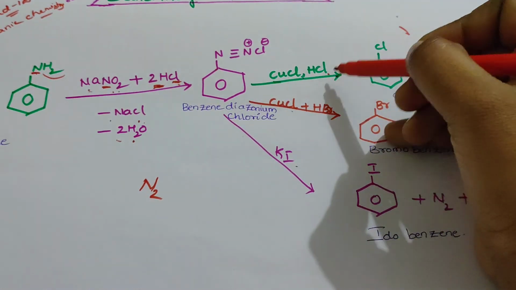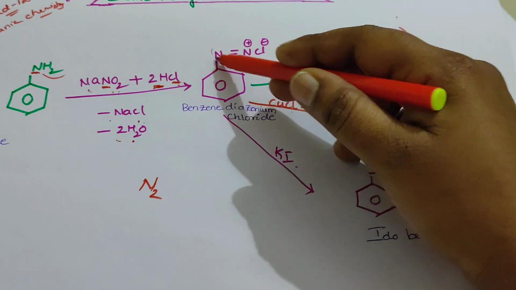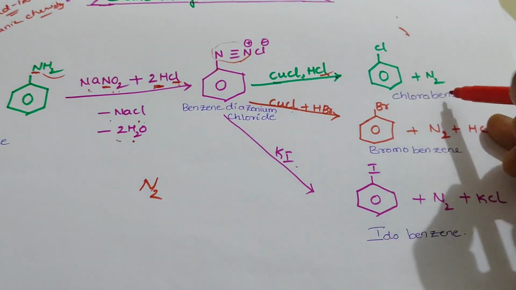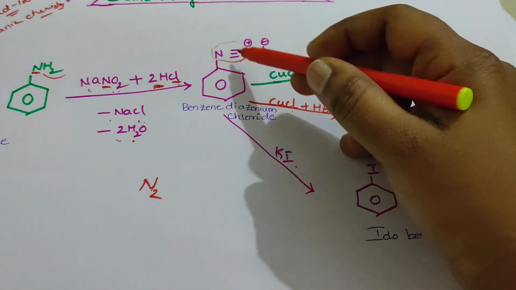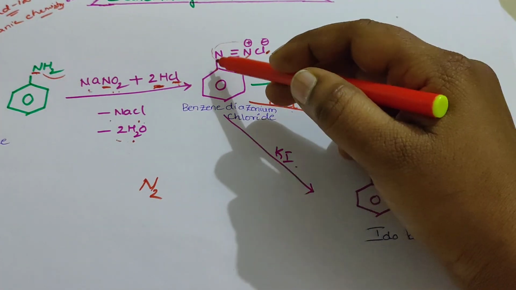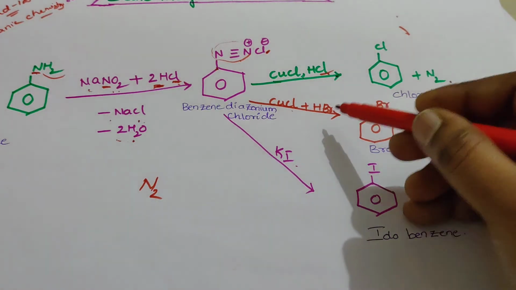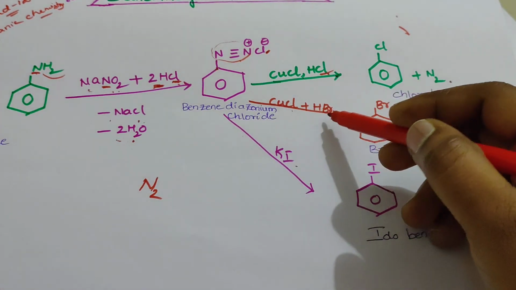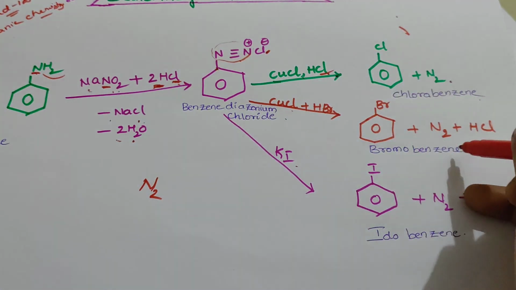When benzene diazonium chloride reacts with cuprous chloride and HCl, the chlorine atom is attached to the benzene ring, and the N2 will be removed. Similarly, CuCl and HBr react with benzene diazonium chloride to form bromobenzene.